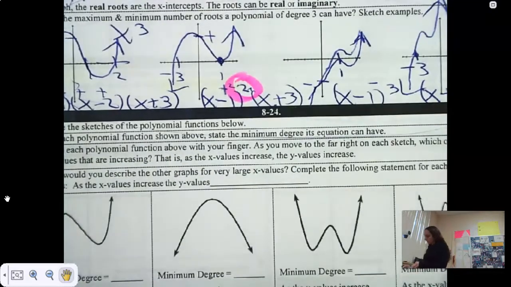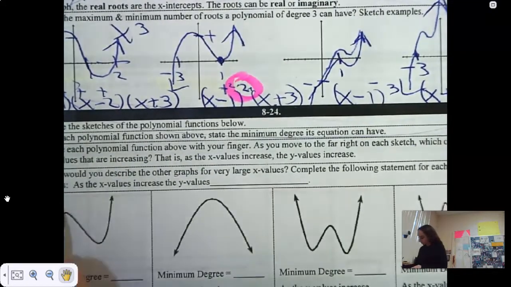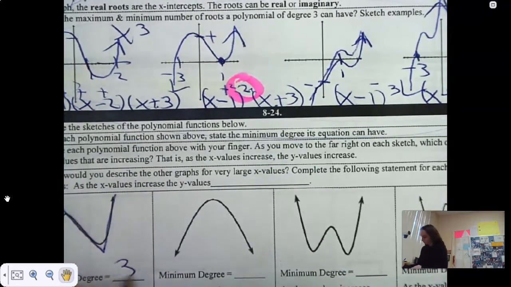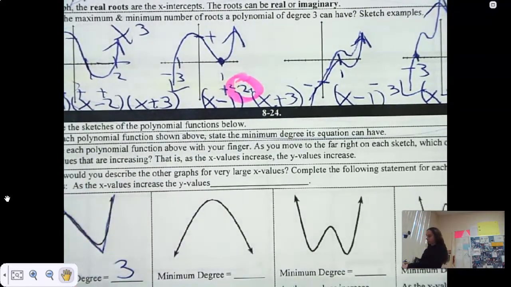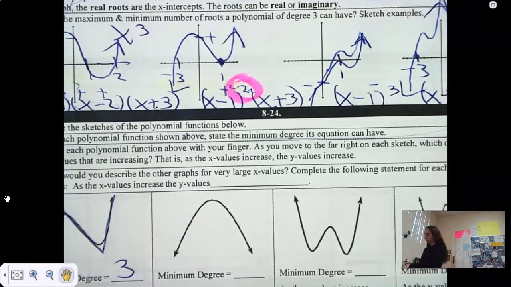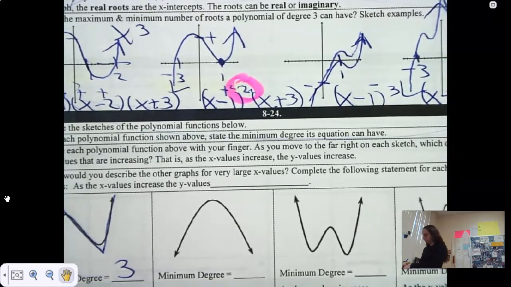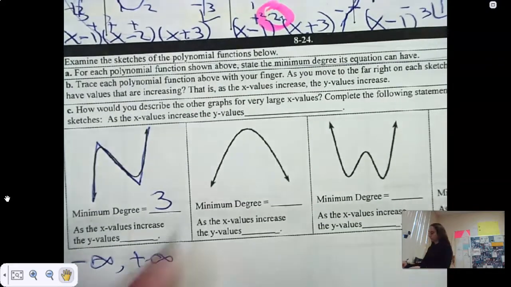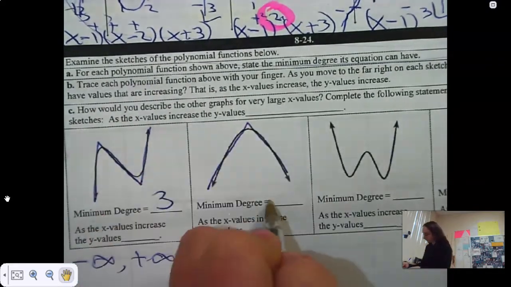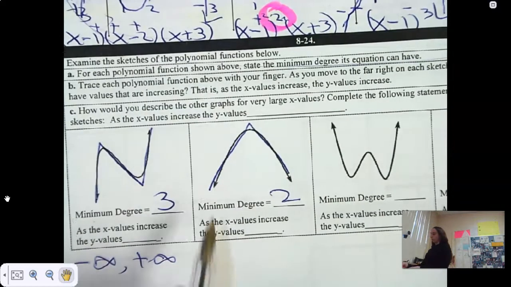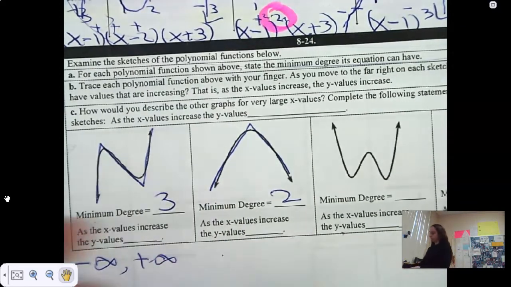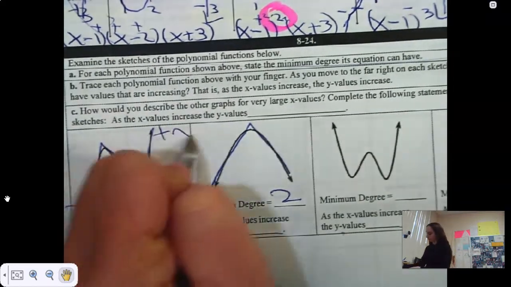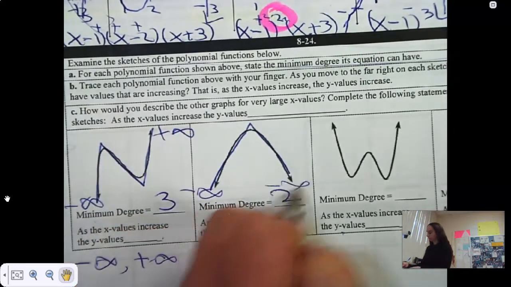Okay, the minimum degree, 1, 2, 3. As the x value increases, so this one would be negative infinity to positive infinity. That's what I want. Oops, you can't see that. Next one, minimum degree, 1, 2. Normally it would be positive infinity to positive infinity, so this is negative infinity to positive, but it went down, so they're both negative infinity.